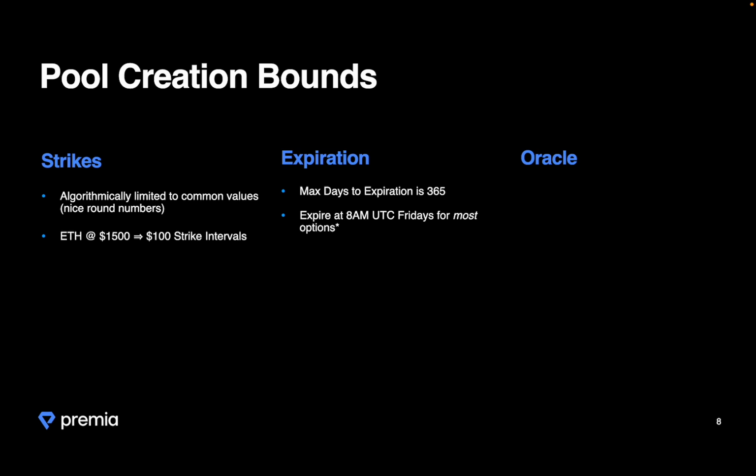Most options will be 8 a.m. UTC Fridays, but as liquidity increases and people decide that they want to trade 1-day, 2-day, 3-day options, they will expire on non-Fridays, but it will still be at an 8 a.m. UTC timestamp. So for general practical purposes, most options that people are going to be trading will be on a Friday 8 a.m. UTC window. And this is also the requirement for initializing the pool.